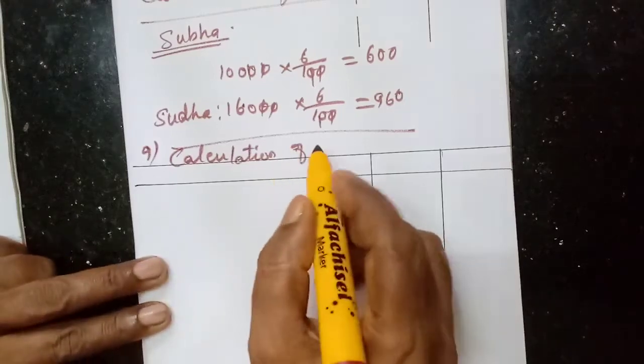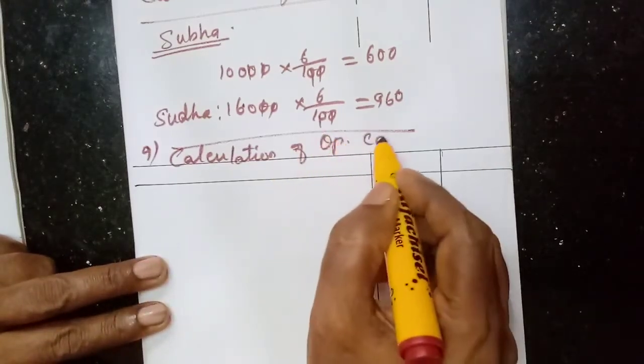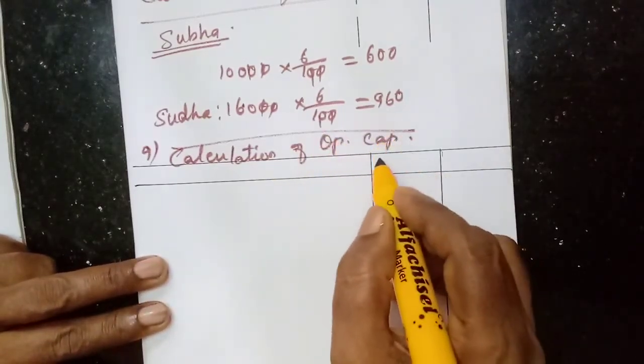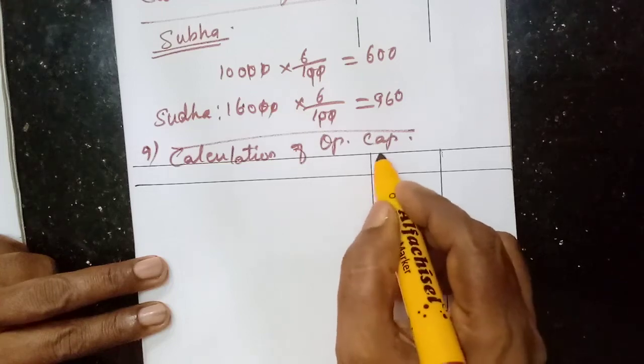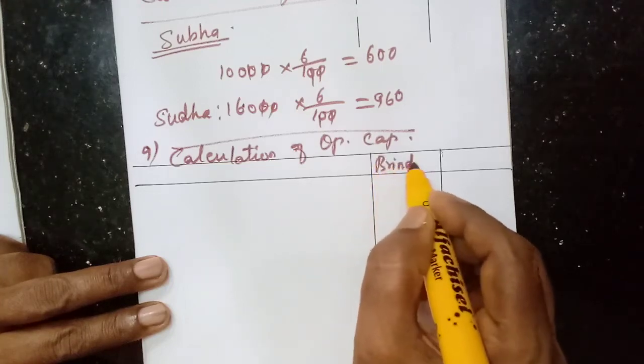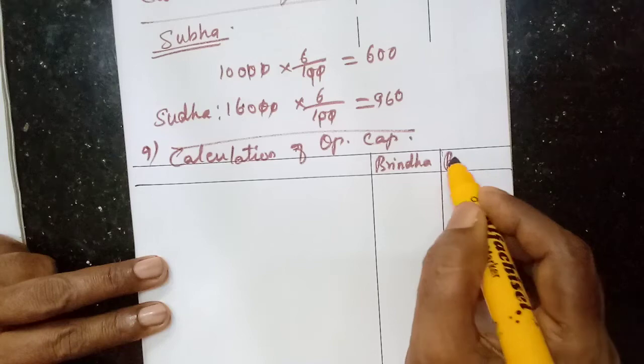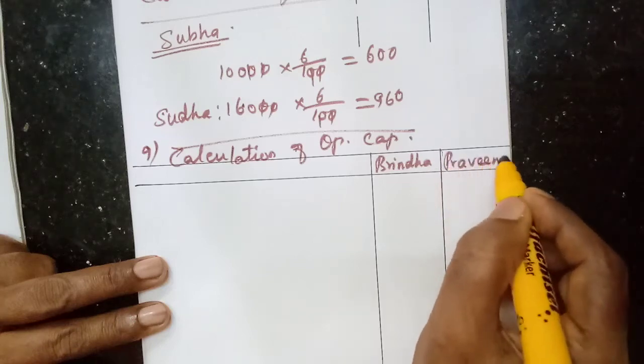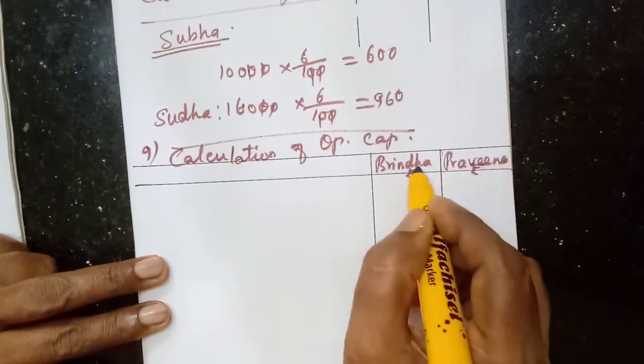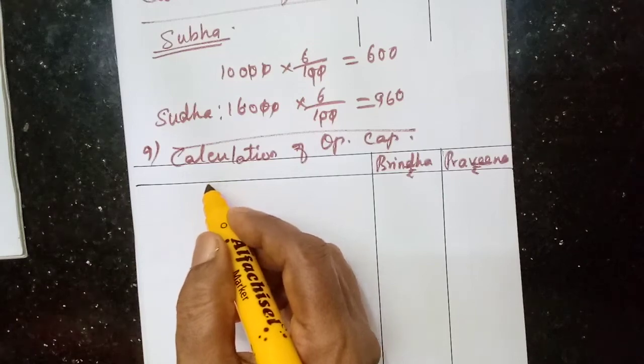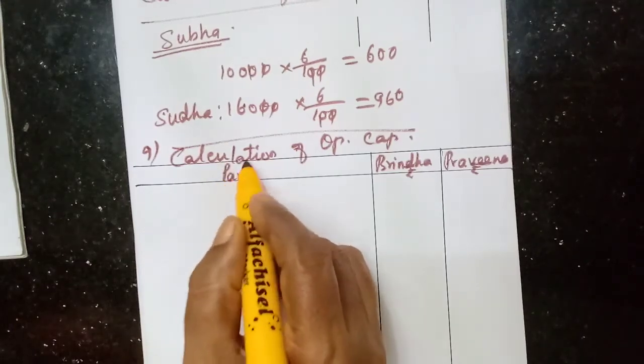Calculation of opening capital. You write fully, okay? Then this one, first one Brinda, second one Pravina. Write rupees. Particulars.